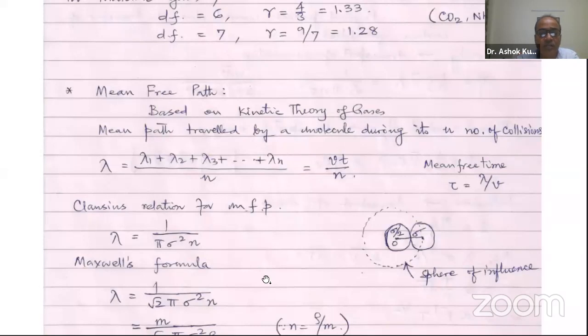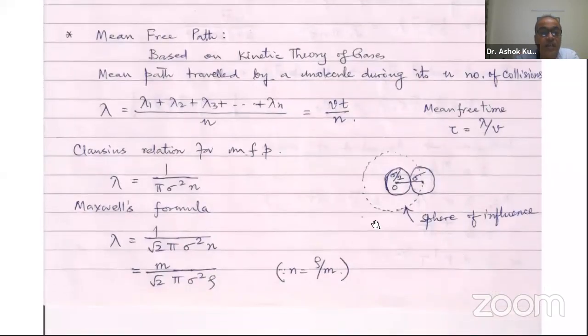I am not going into detail to explain all this. Finally, the correct formula was given by Maxwell, and the correction term is this: 1 by root 2 pi sigma square n. Only 1 by root 2 was introduced, and this is equal to m upon root 2 pi sigma square rho.